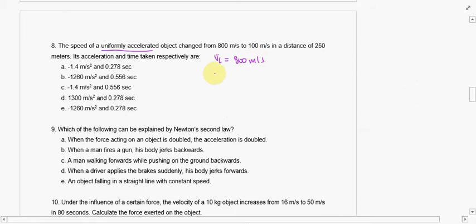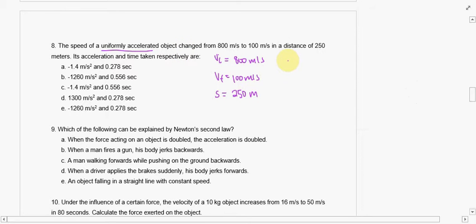It then went to a final velocity of 100 meters per second in a distance of 250 meters. So again, this S is 250 meters.